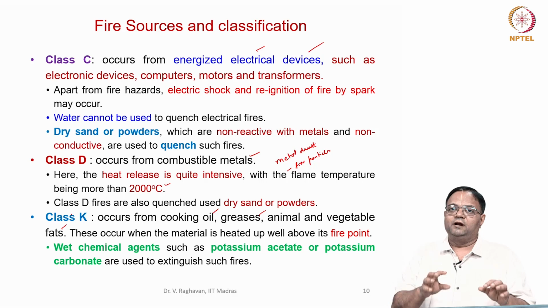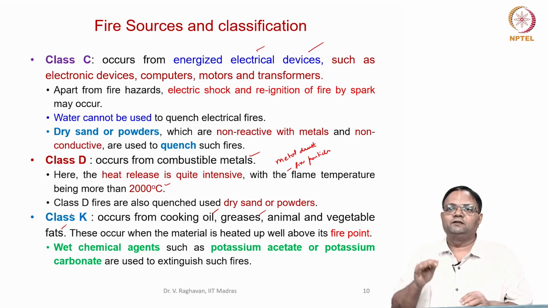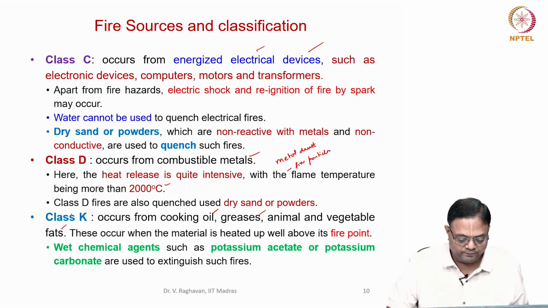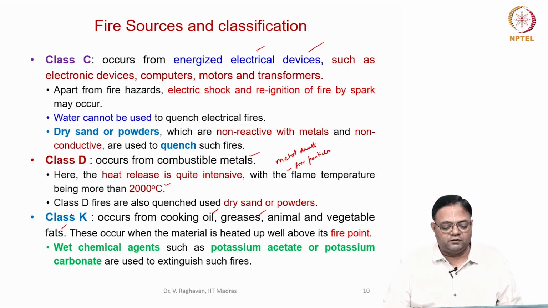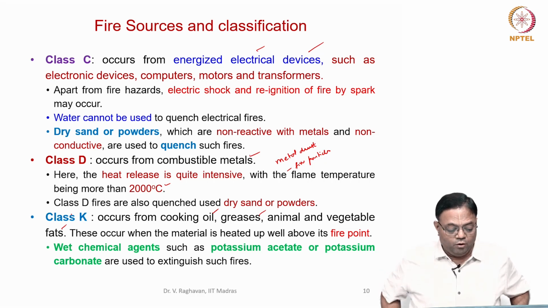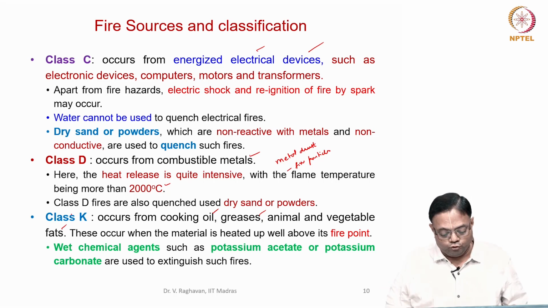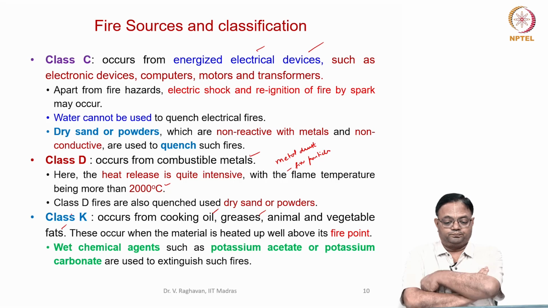If this material is heated more than this temperature, then a fire can happen over the surface. What is used to quench class K fires are wet chemical agents like potassium acetate or potassium carbonate.